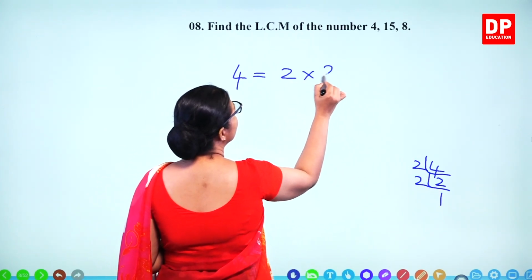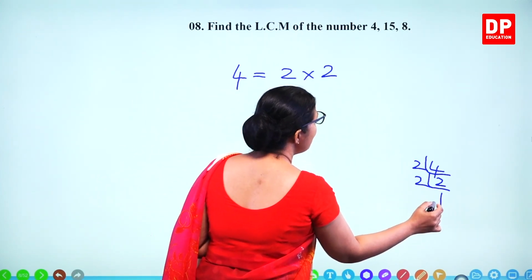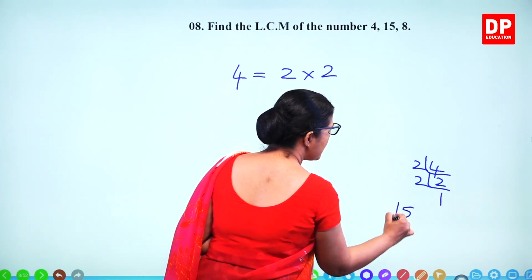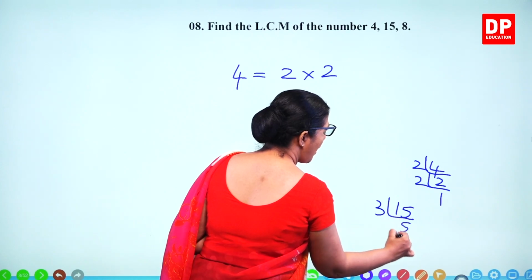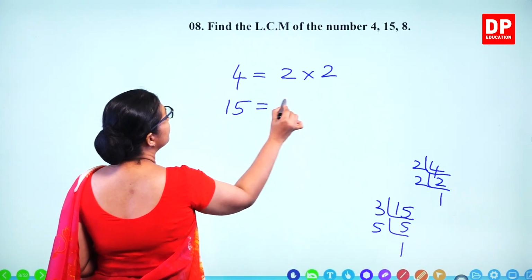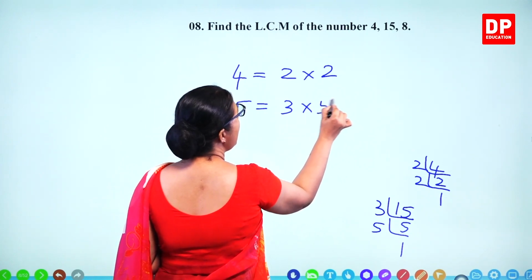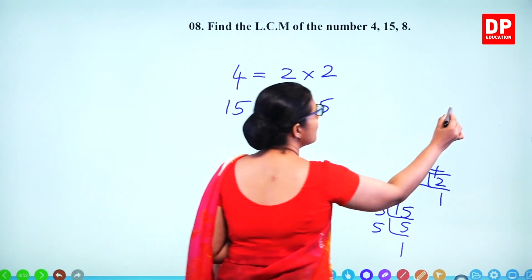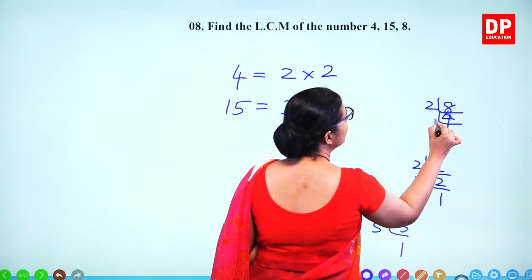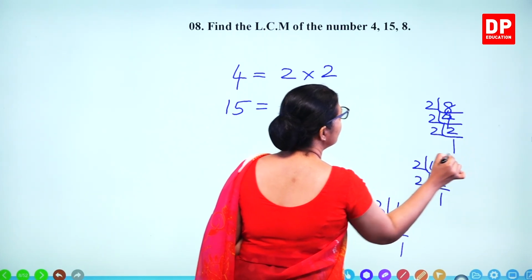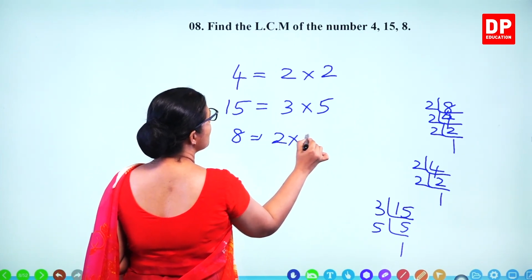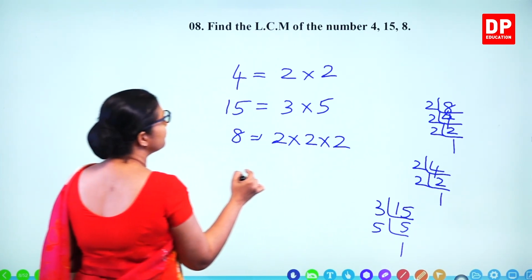And then 15: 3 times 5. And 8: 2 times 2 times 2.